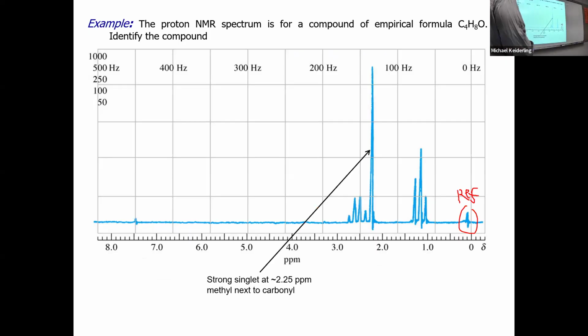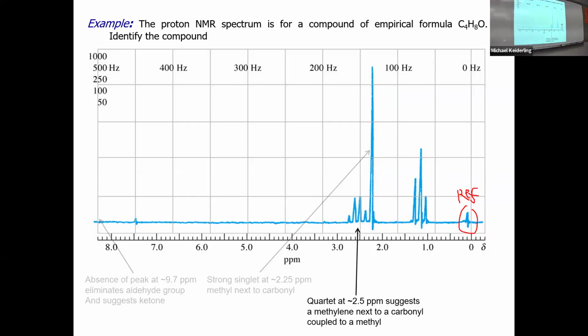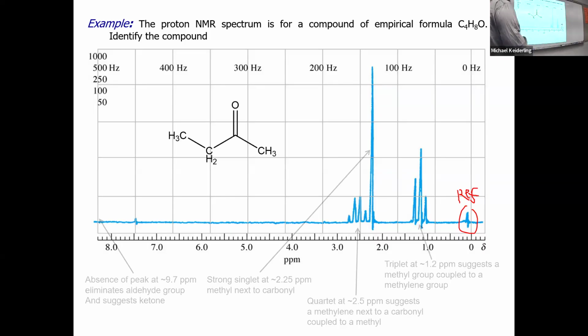The strong singlet at 2.25 ppm corresponds to a methyl next to a carbonyl. The absence of a peak at 9.7 ppm rules out the aldehyde group and suggests a ketone. The quartet at 2.5 ppm suggests a methylene next to a carbonyl coupled to a methyl. And the triplet at 1.2 ppm suggests a methyl group coupled to a methylene group.